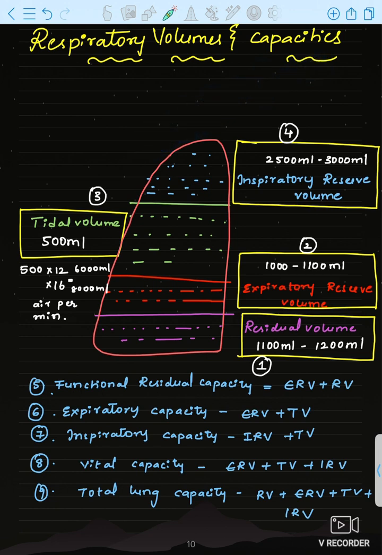So if you multiply 500 into 12 and 16, you will get how much ml of inspiration? Tidal volume 6000 to 8000 ml per minute. Generally remember 500 ml. If in exam they ask, these are the breaths per minute, how much tidal volume will be inhaled? For one breath it is 500 ml. For 12 breaths it is 6000 ml. For 16 breaths it is 8000 ml.